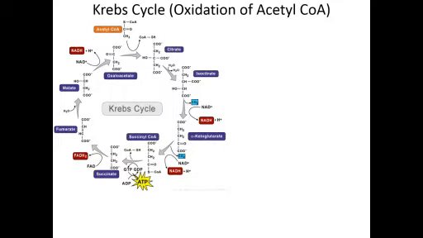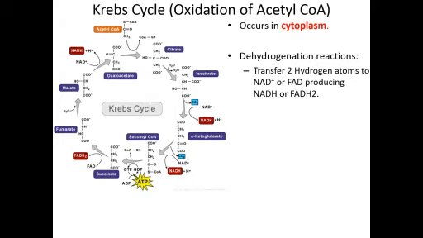So talking about the Krebs cycle. The Krebs cycle is also referred to as the citric acid cycle. Here, this process again occurs in the cytoplasm of the cell. To start off with, you have your acetyl-CoA molecule that you have just produced.